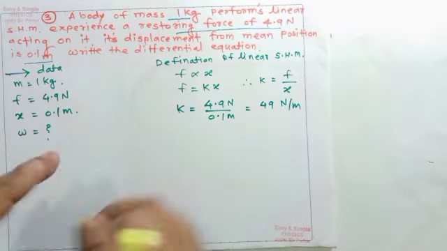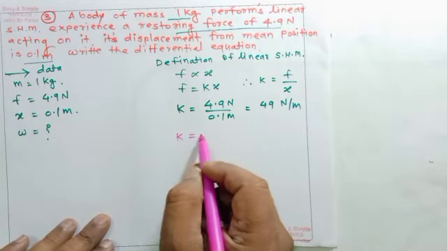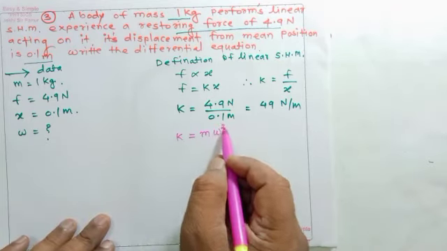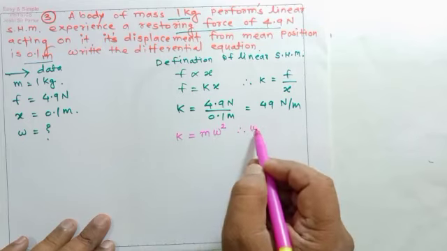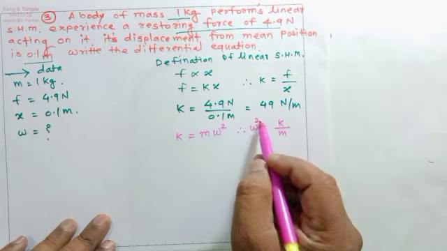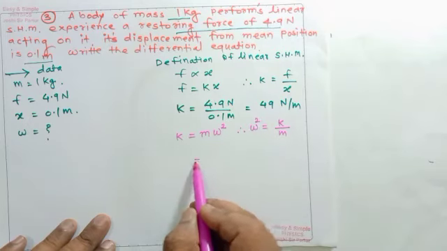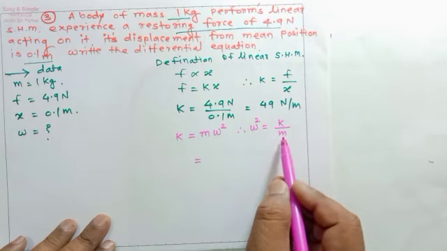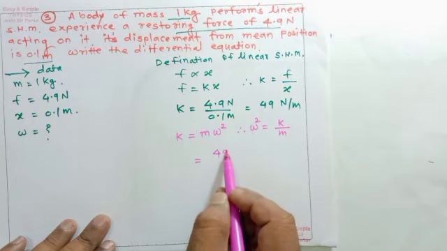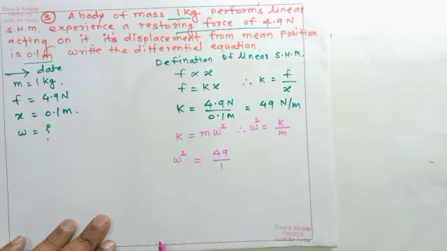So we can find out omega. We know that k equal to m omega square. Therefore omega square equal to k upon m. Substituting the value of k and the value of m, it will be 49 upon 1, the value of omega square.